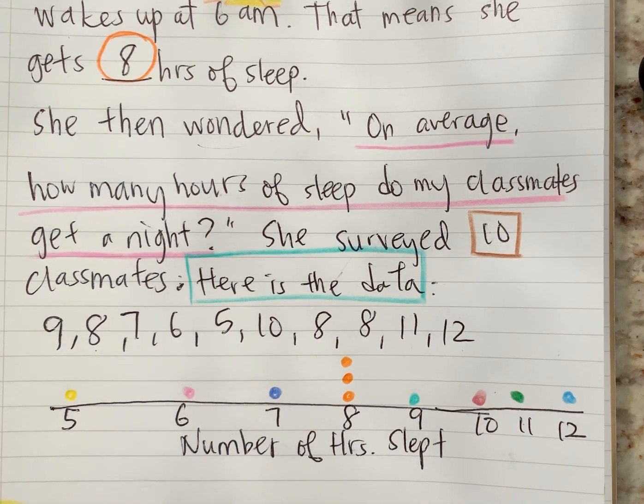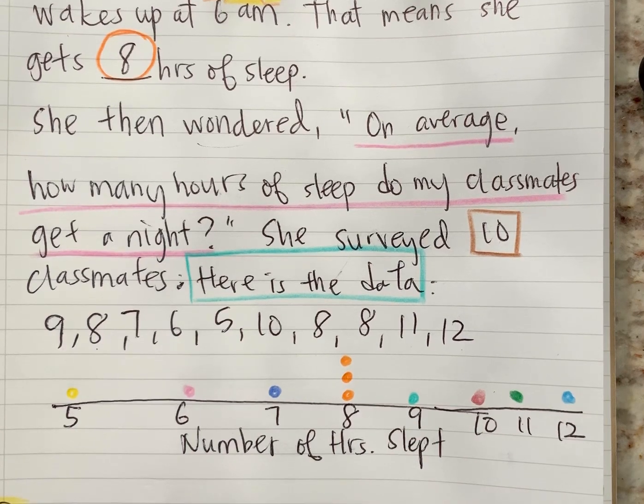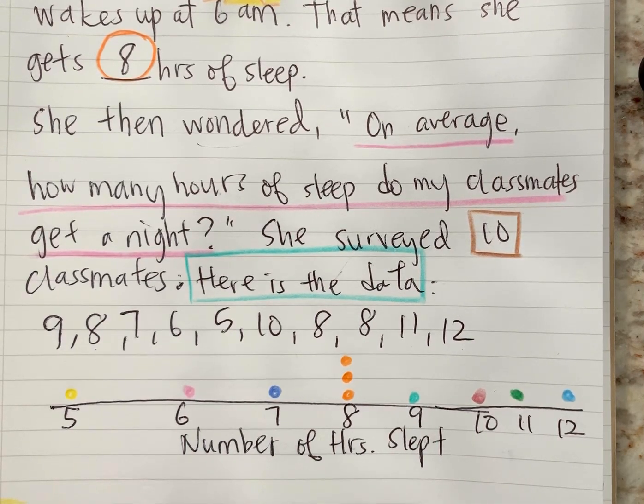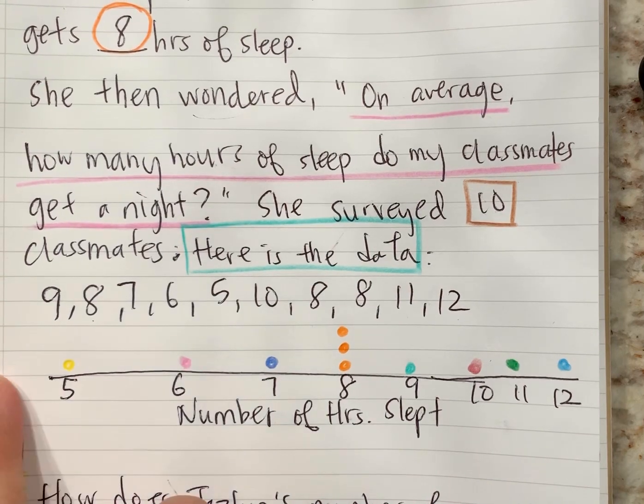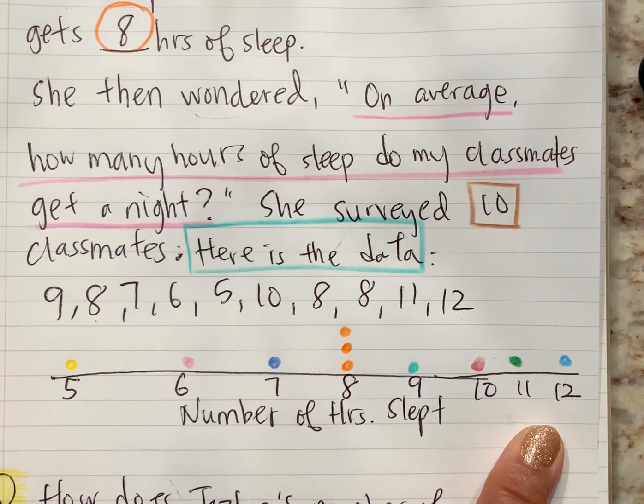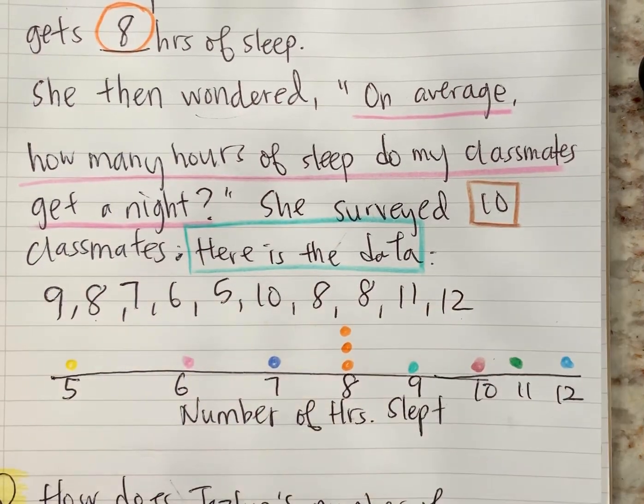So here are the questions. It's actually one main question and then 3 sub-questions that you're going to take a look at. So on your sheet of paper, you could also do this dot plot using this data.